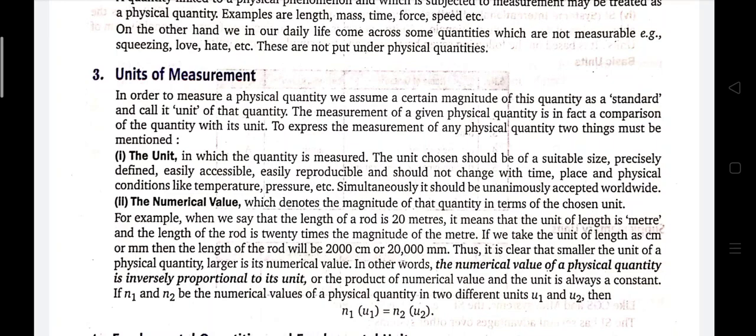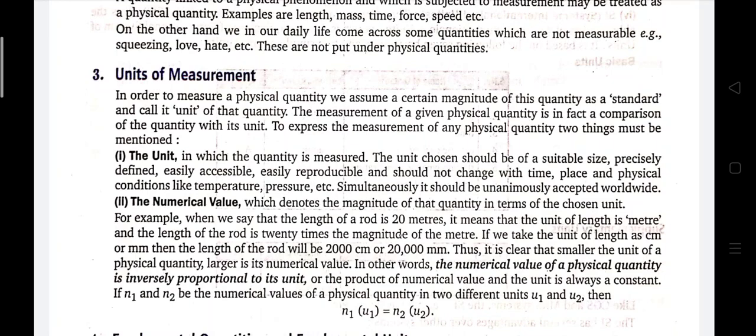Different students are asked to measure the length of the table. They measure the distance by their palm, and each student gets a different answer. Why? Because the size of the palm of each student is different. Then you are asked to measure by elbow. Again, you get different answers.